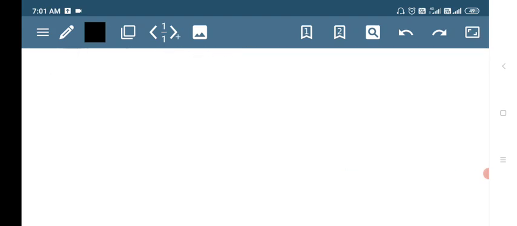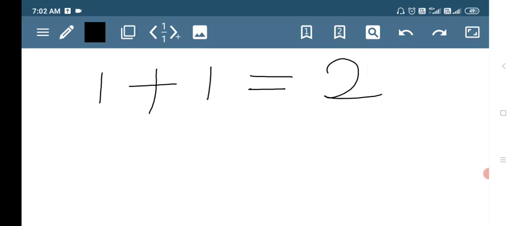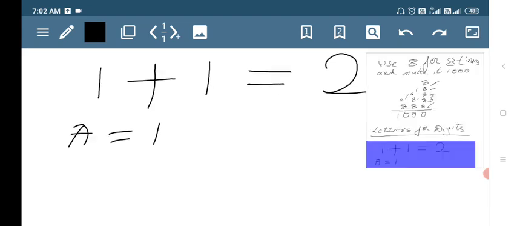For example, first I will take 1 plus 1 is equal to 2, right? If a is equal to 1, the value of a is equal to 1.